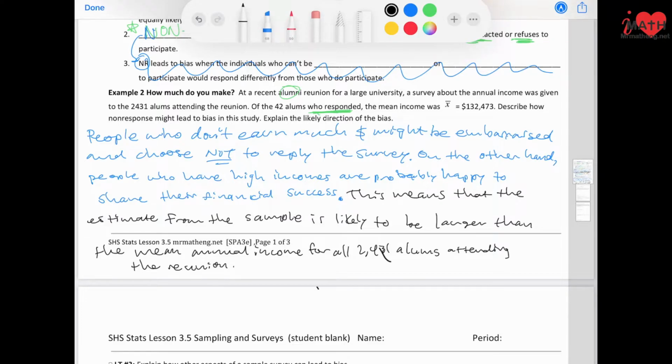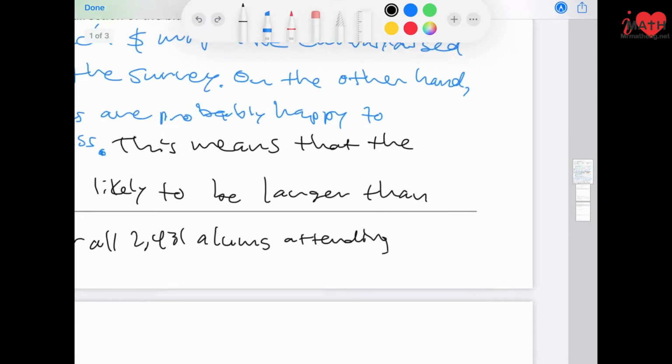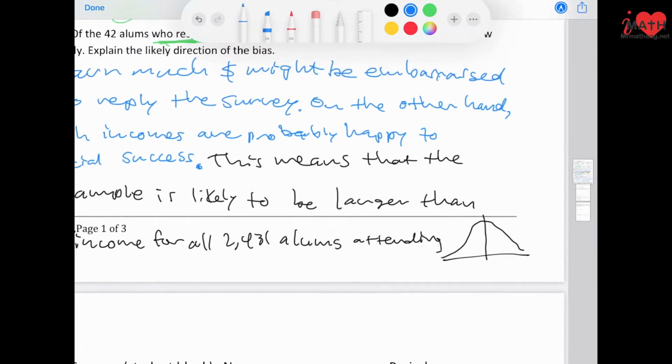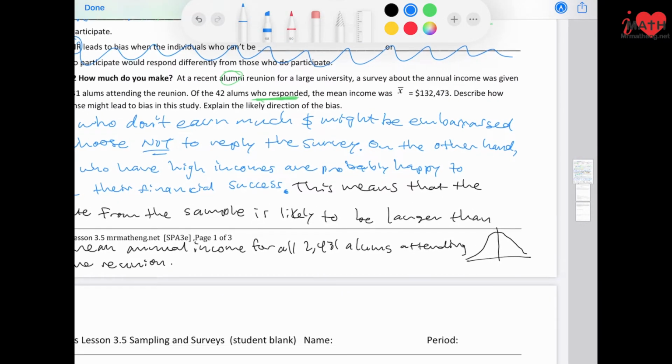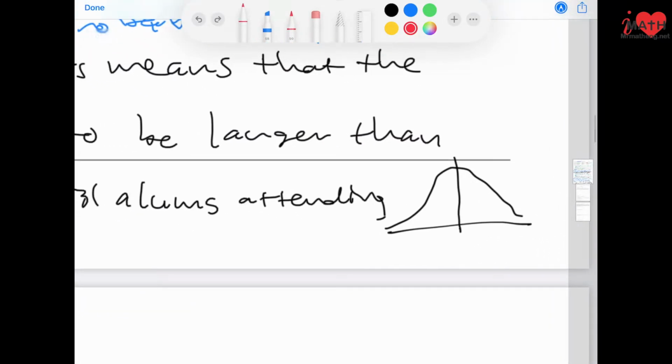All right, let's draw a visual, and hopefully this will make sense. Let's do it over here where I have some space. Here's my curve, and this is the true mean, the black line. Well, we're saying because of non-response, there is some bias in there, right? Is everybody going to make 132,000? That's a lot of money. So let's just say this is 132K.